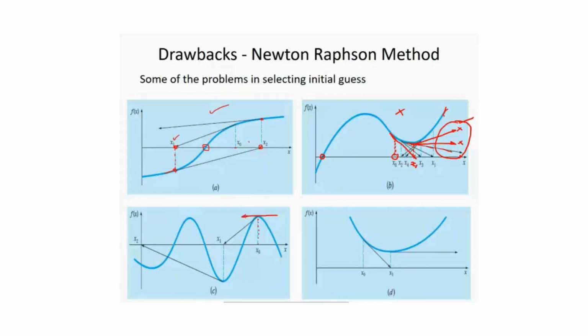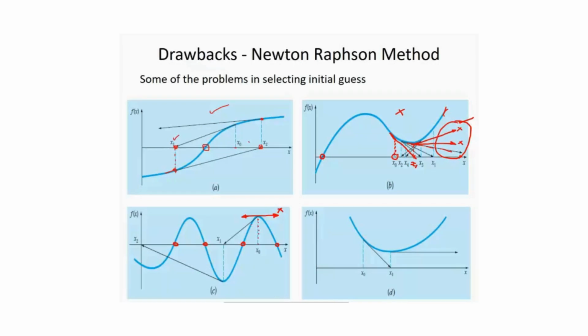Either it moves in this direction or in this direction. So here also you won't get the root, because the root is here or here. Here you will get multiple roots. In this case the tangent does not lead to the root, because it is not touching the x-axis.